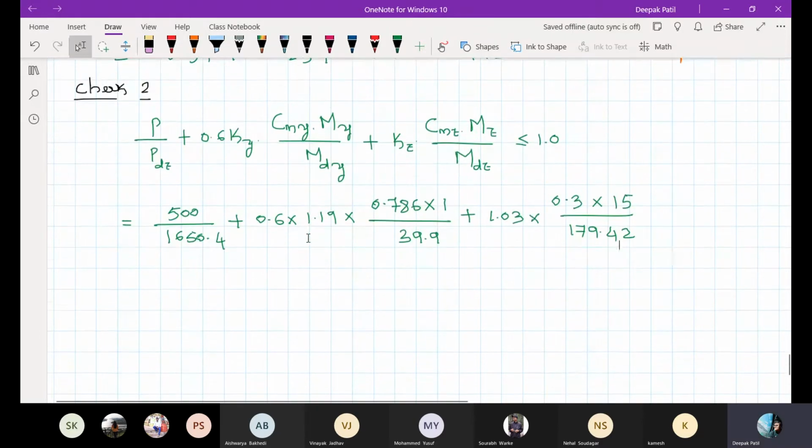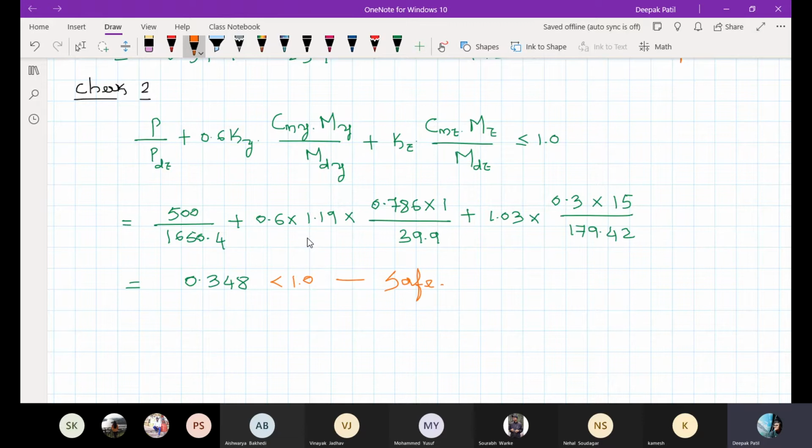So this whole thing, I am getting it as 0.348, the whole thing. And since this is also less than 1.0, hence it is safe.